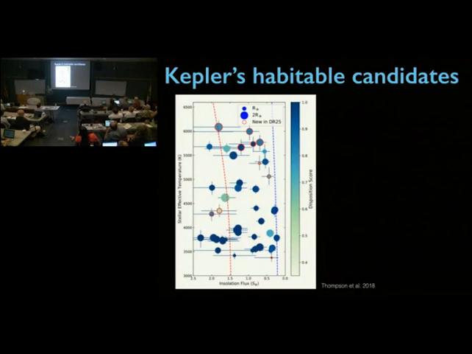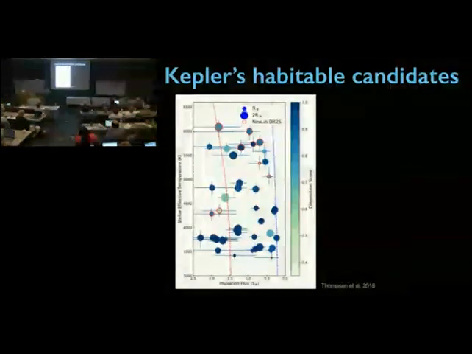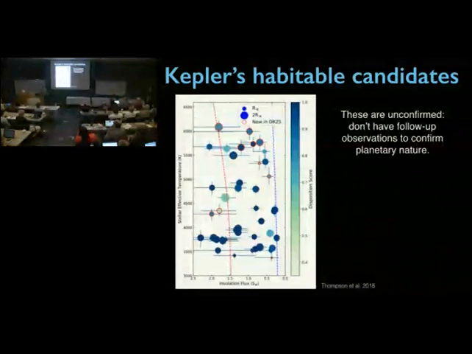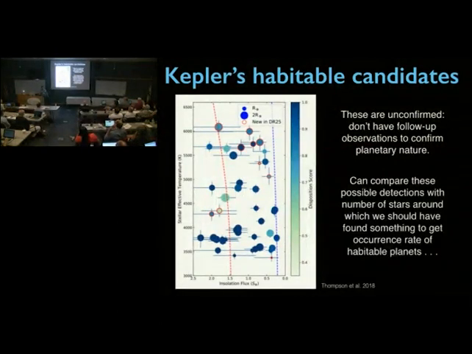So in order to really understand what the rate of habitable zone planets is in our galaxy, we also have to account for this uncertainty on whether or not that planet is actually there. These planets don't have follow-up observations to confirm their planetary nature.